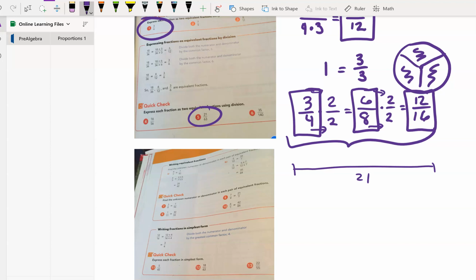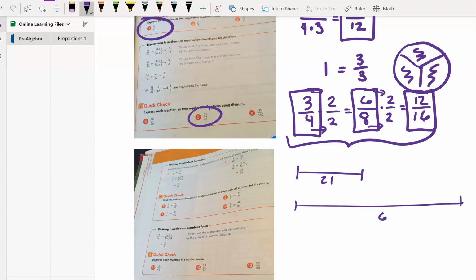And 63, I'm going to have to make my 21 a lot smaller, sorry about that, to make my 63 actually fit on the page. Okay, so here's my 21. And in comparison, maybe here's my 63. It looks like my 21 is a lot smaller than my 63. And I'm trying to think of how I could break these both down with a number that would divide evenly into 21 and divide evenly into 63.